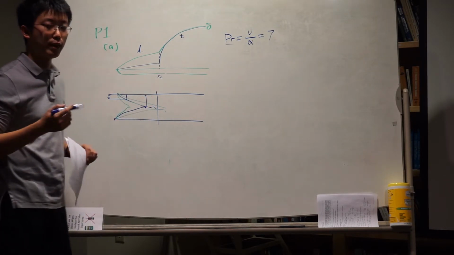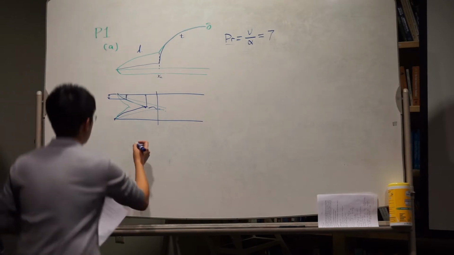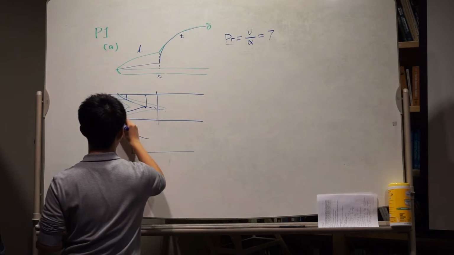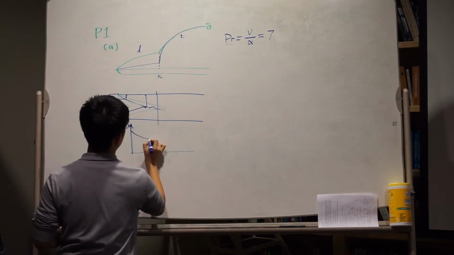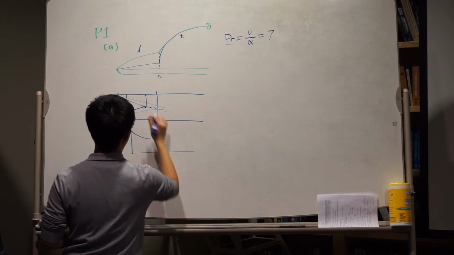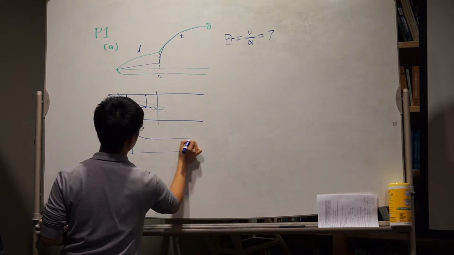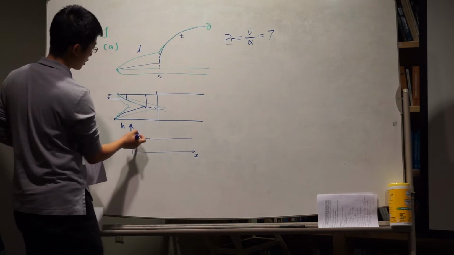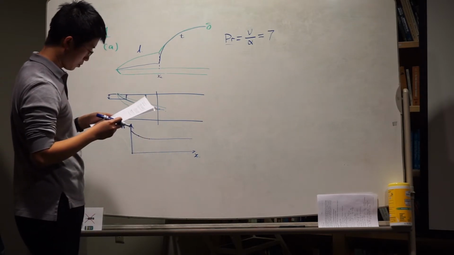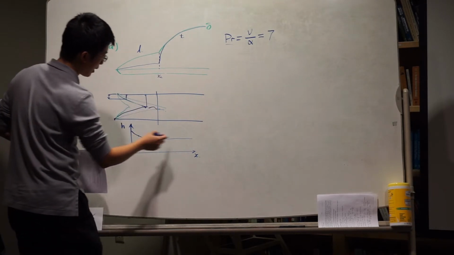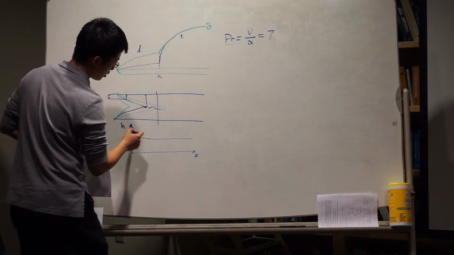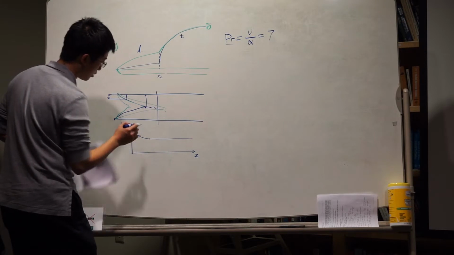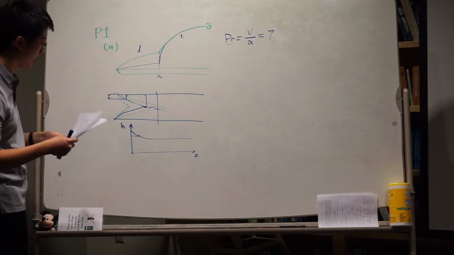So we know in the entry region, the convection coefficient should always be larger. And when these two merge, it will be a constant. This is the distance into the pipe. So if we look at here, we should know that the average of this heat transfer coefficient should always be smaller than this value. The entry region has a higher h.